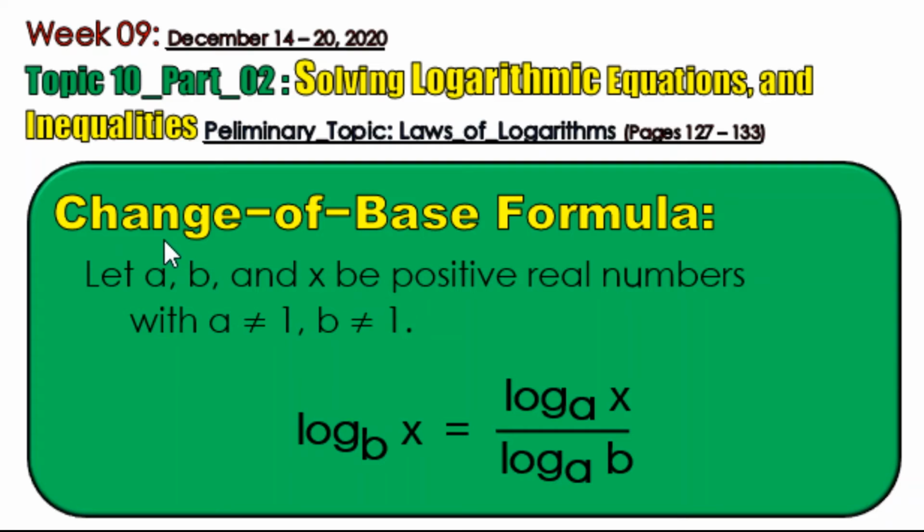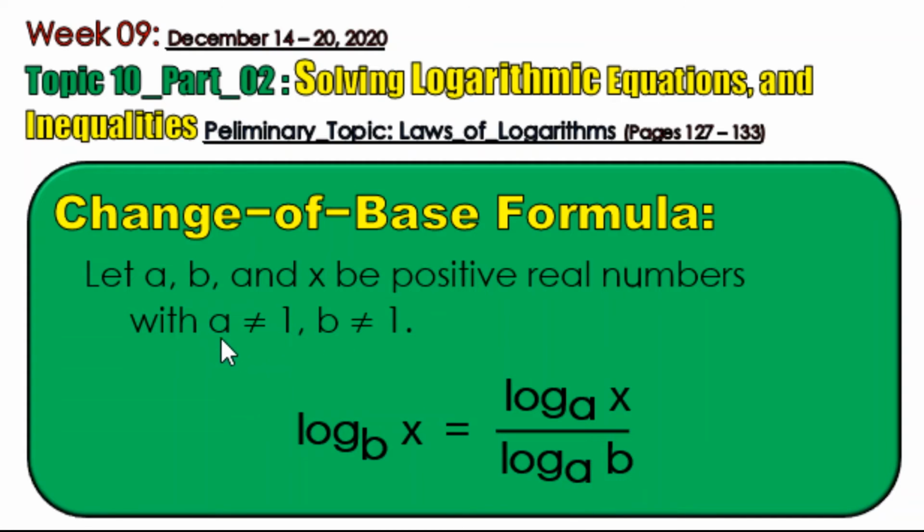Now let us proceed to the next topic. We have change of base formula. So let a, b, and x be positive real numbers with a not equal to 1 and b not equal to 1. According to change of base formula, logarithm of x to the base b is equal to the logarithm of x to the base a divided by logarithm of b to the base a.